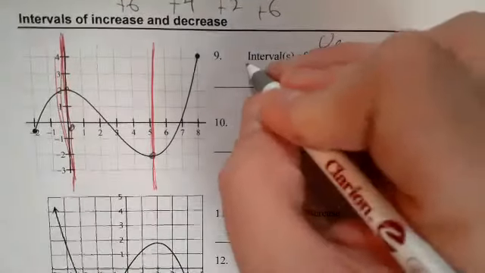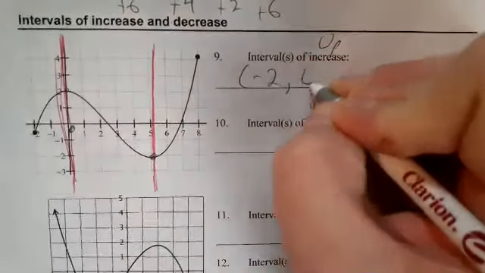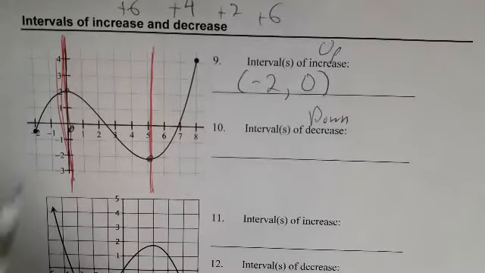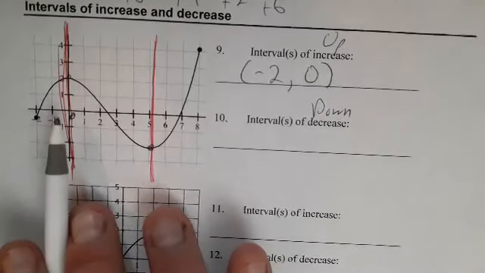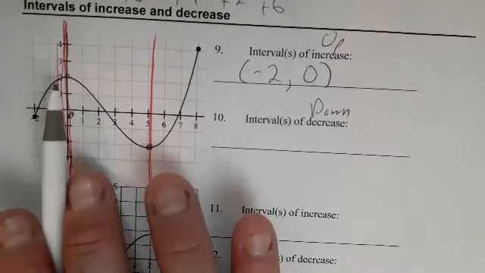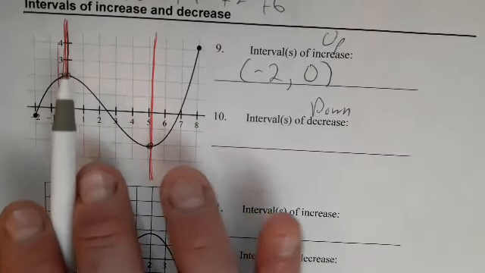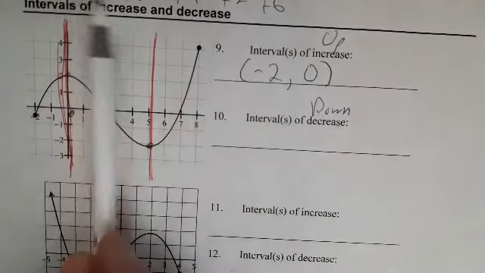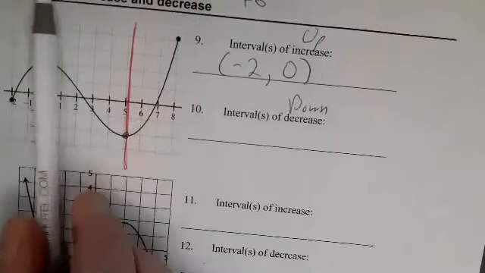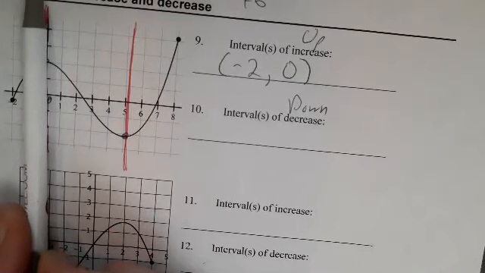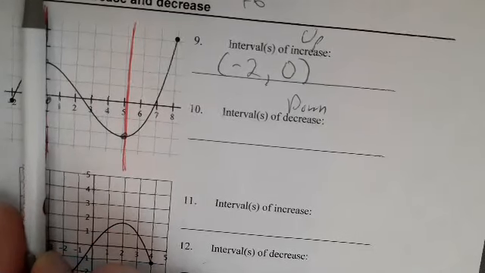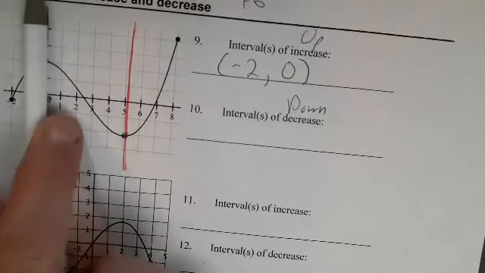So from -2 to 0, we are going up. Don't look at your y-axis. Ignore the numbers there. We're only looking at our x-axis, and our x-axis says from -2 to 0, it's going up.